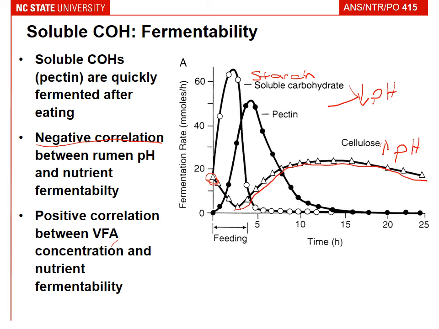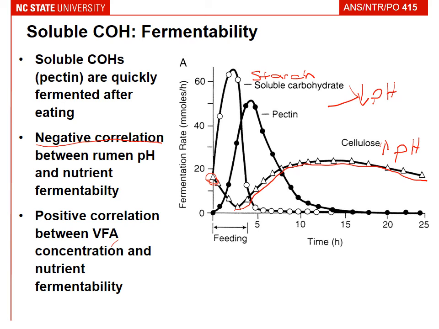So this is kind of going off of our soluble fibers and our fermentability. Our soluble carbohydrates, our pectins, our guar gums, our soluble hemicellulose are quickly fermented after you eat. Here we have this graph on the right hand side, our soluble carbohydrates.